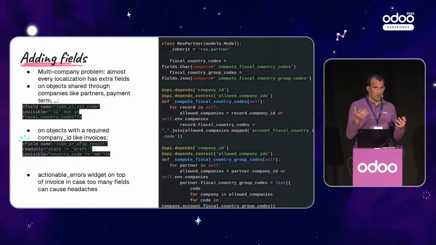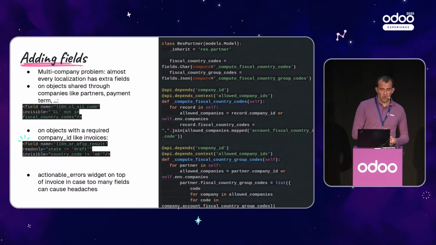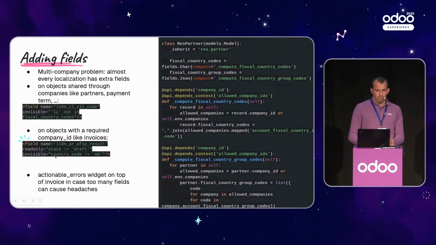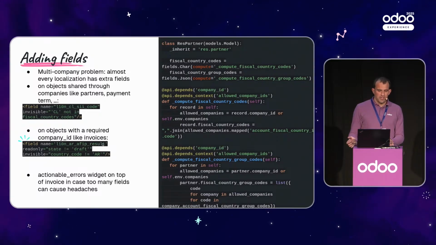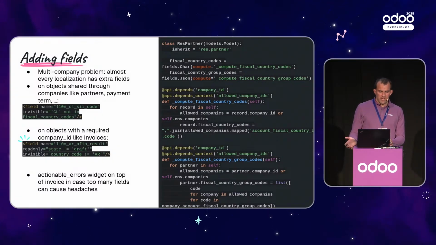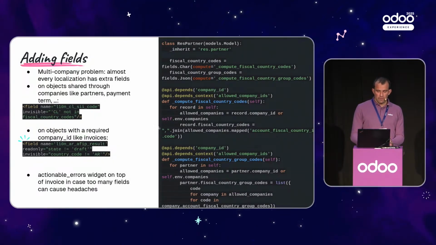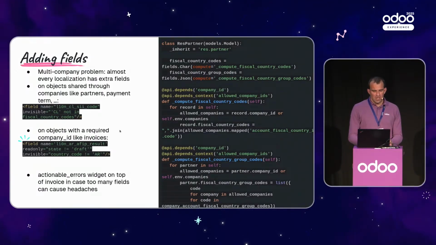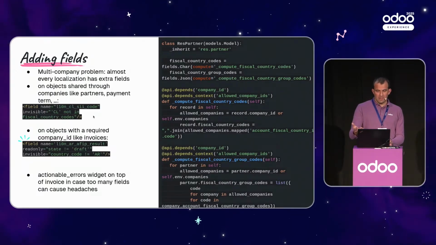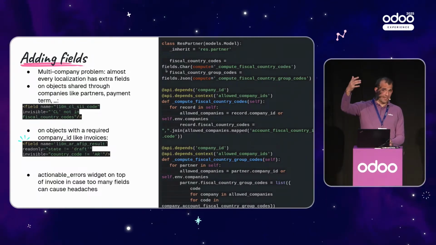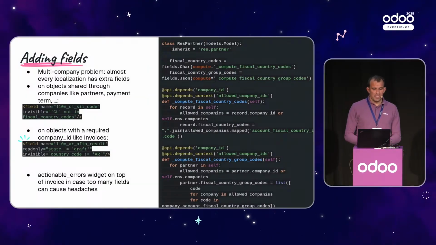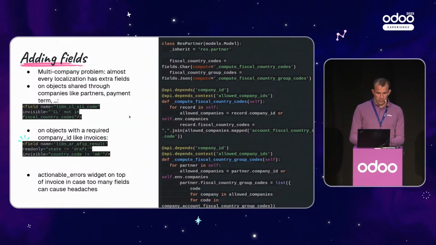So if that invoice is for that company, I need to show these fields. But there are also some objects like partners that can be shared among companies, and in that case, you have a more elaborate compute field that you can use, because it also checks the contacts if you have activated that company or not, to decide if you should show the field or not.